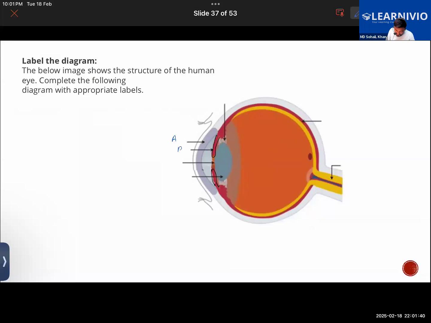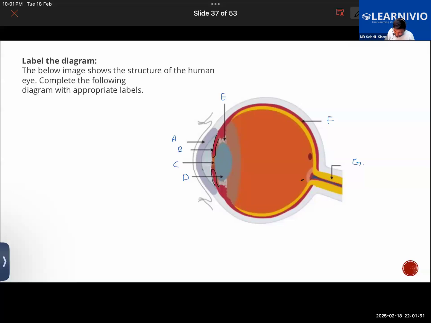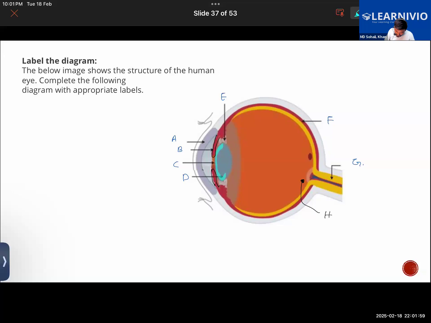What is A, what is B, C, and D, and what's E, and what's F, and what is G, and what is this thing over here? What is H? Yeah, what is A?